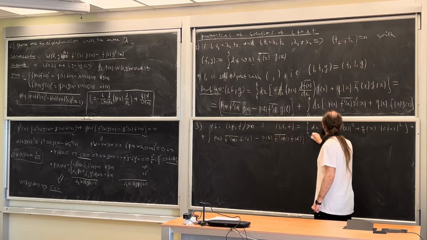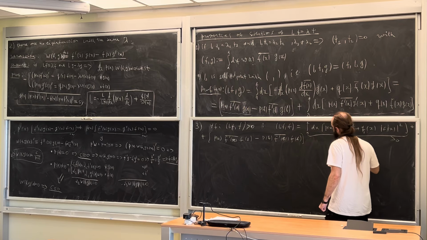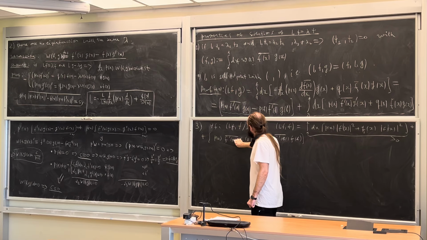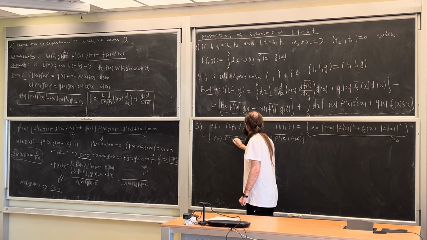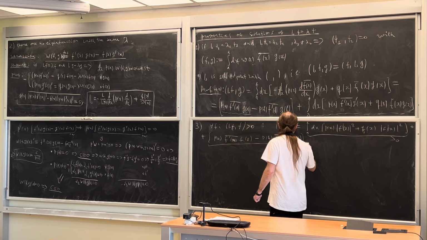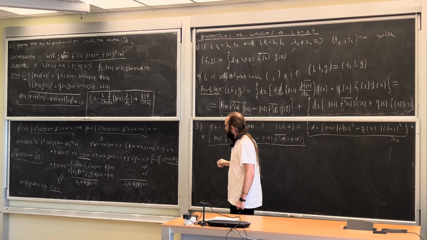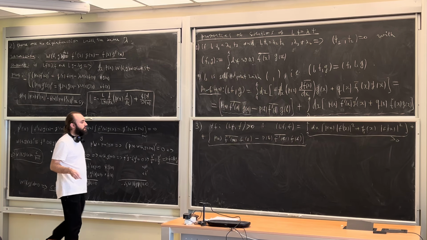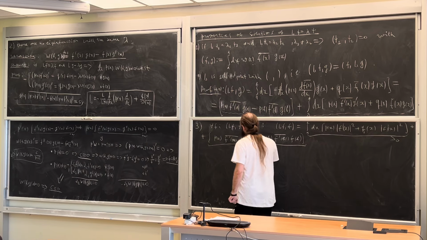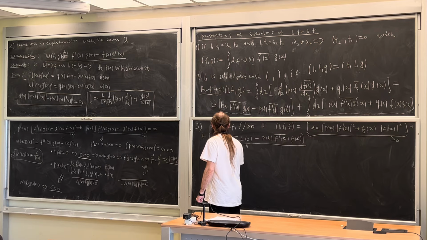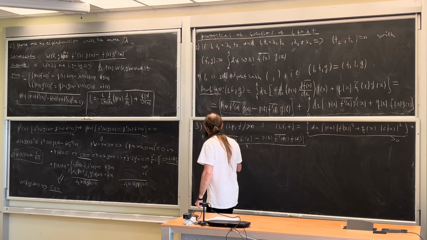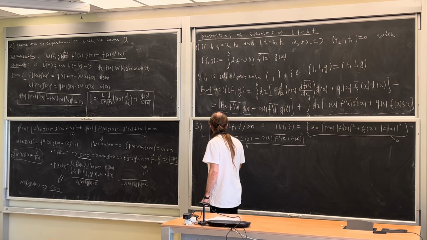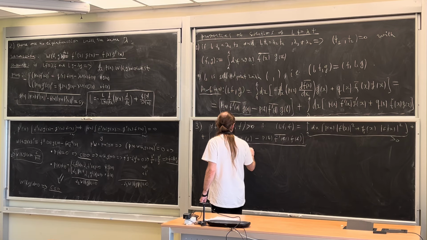For this term, we substitute f from this boundary condition, f prime. So it will be equal to minus p of a alpha 1 over alpha 2 times the absolute value of f of a squared.